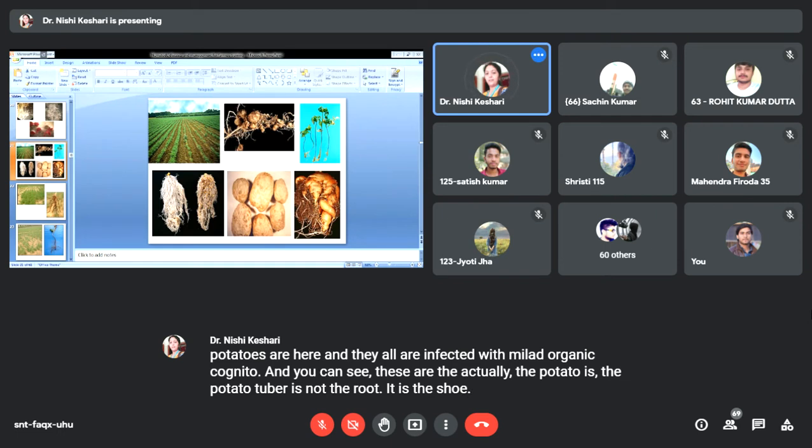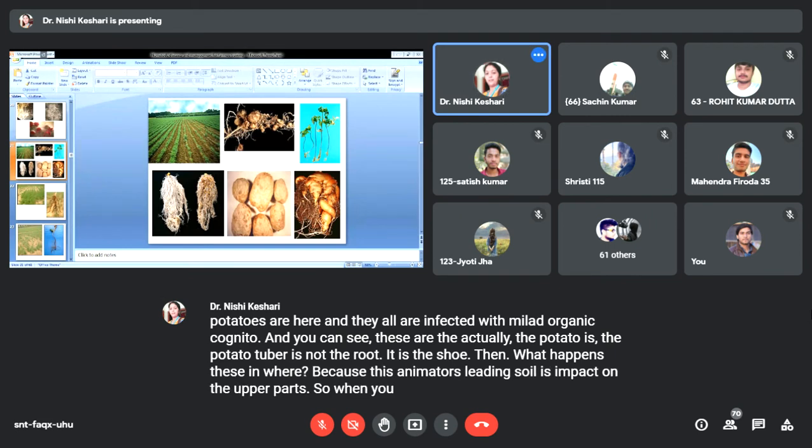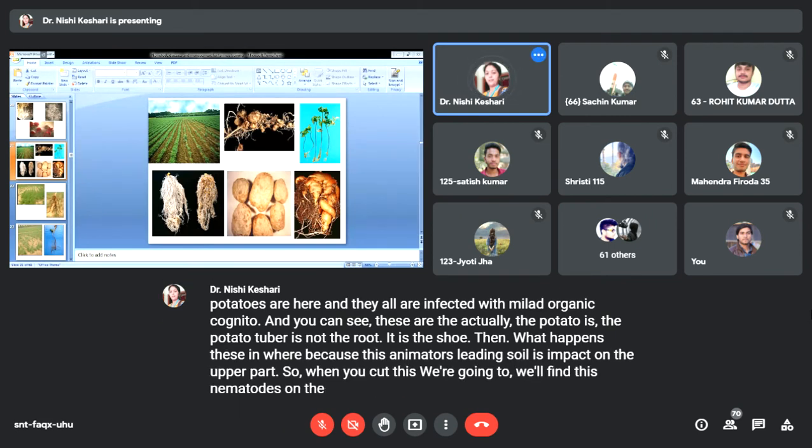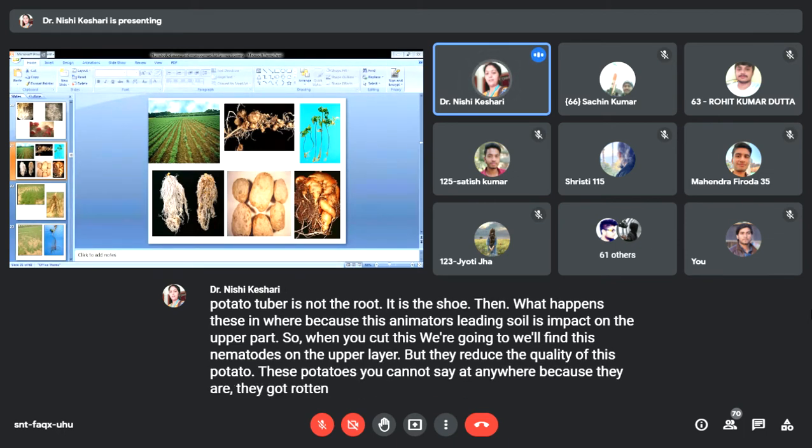These nematodes live in soil, and they infect the upper part. So when you cut this potato, you will find the nematodes in the upper layer. They reduce the quality of this potato. These potatoes you cannot sell anywhere because they got rotten because of nematode infection.